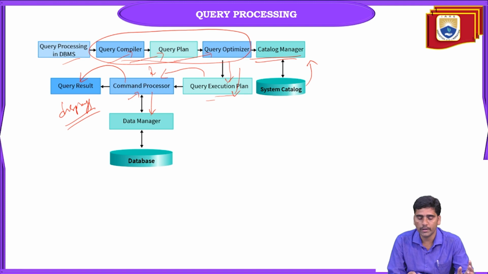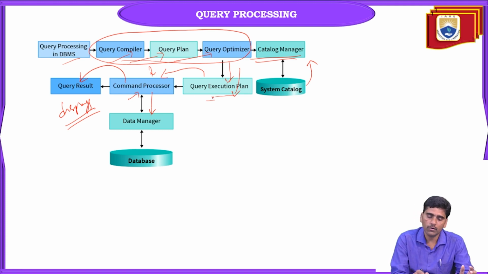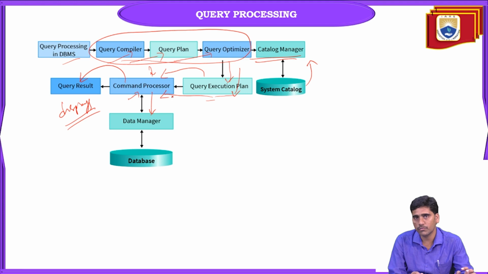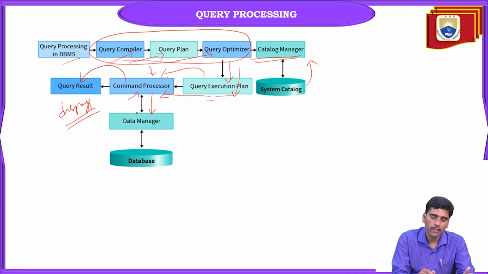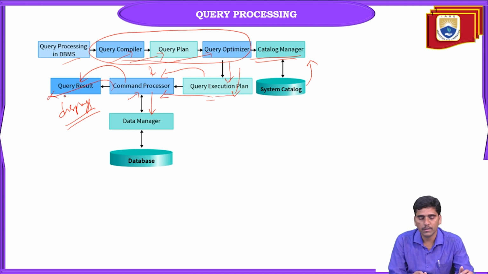Now the command processor takes the query which is ready to be executed, checks whether all the commands are written clearly, and informs the data manager. Based on the commands, the data manager gives the response to the command processor, and the query result is displayed here.